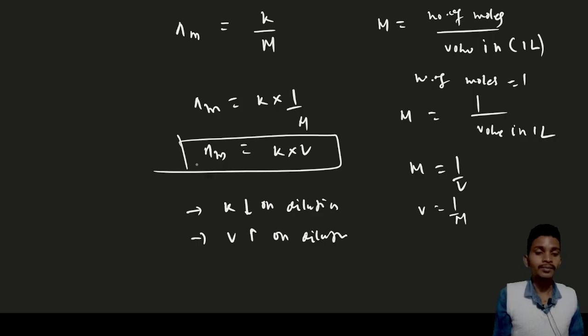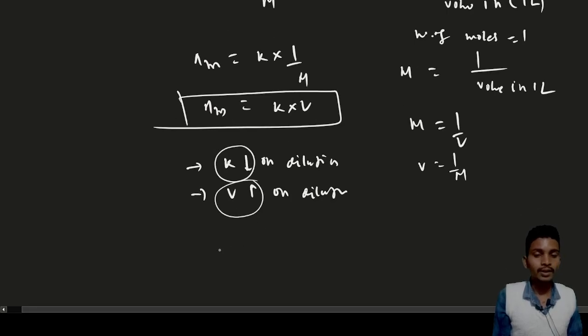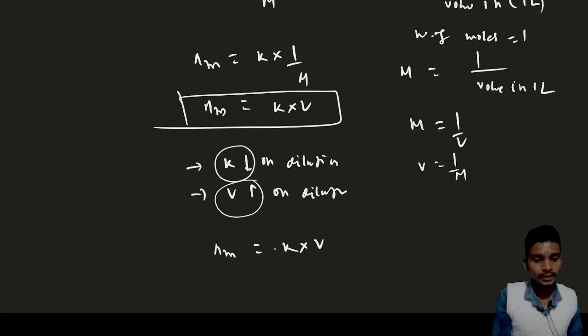So for molar conductance, kappa is decreasing and volume is increasing on dilution. So what is the effect on lambda m? Molar conductance depends on these two values, one decreasing and the other increasing.